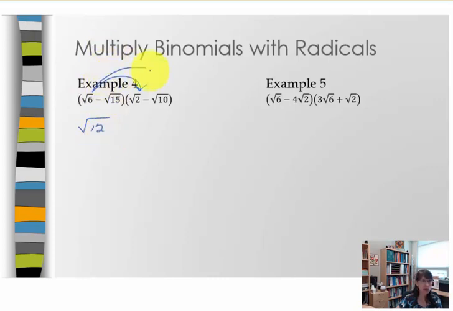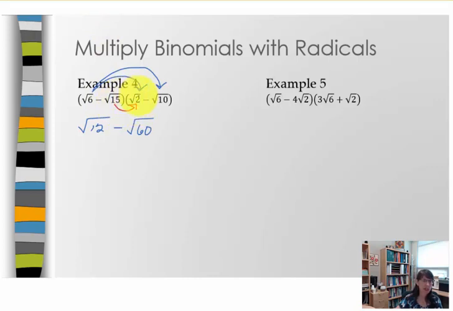Now we'll take square root of 6 and multiply that by minus square root of 10. So a positive times a negative means we are going to subtract this next product. Both 6 and 10 are under the radical, so 6 times 10 would leave us 60 under the radical. Next, we'll distribute the negative square root of 15.